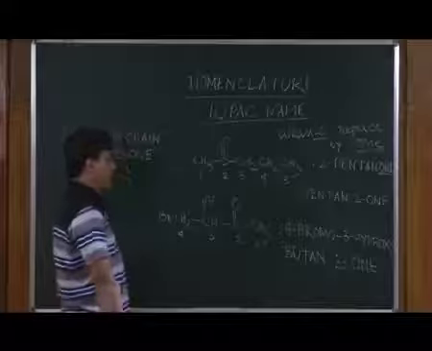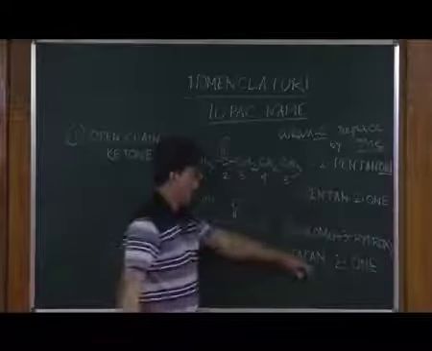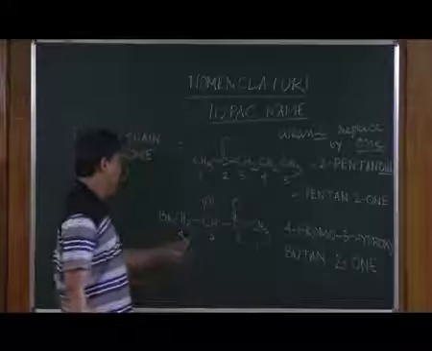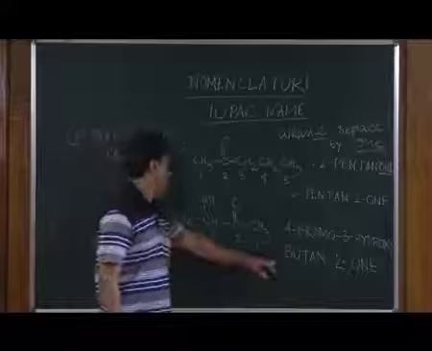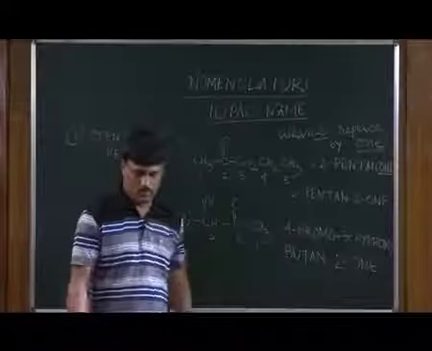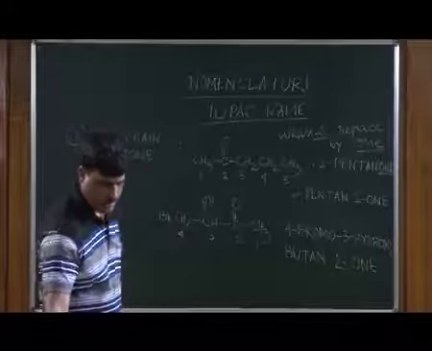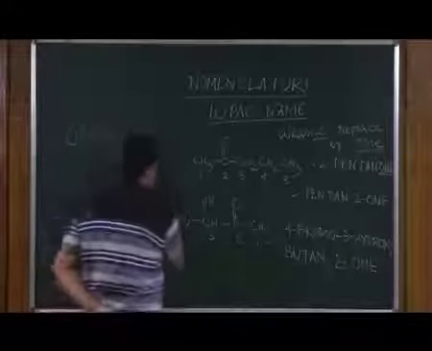And when substituents are present, you have to choose this way because you have already given this numbering. So, 4-bromo-3-hydroxybutan-2-one. Let us discuss some more examples.